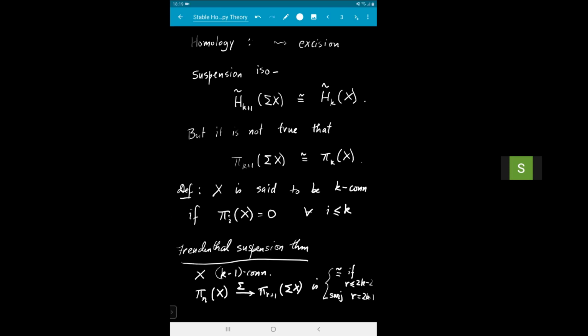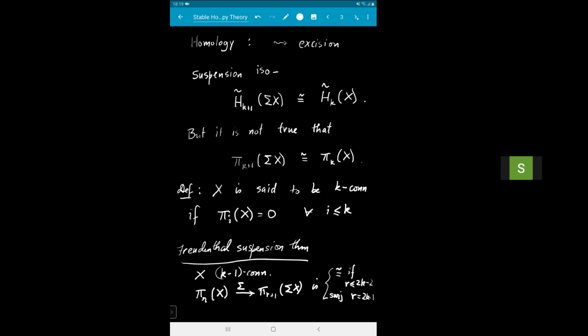So the point here is that, depending on the connectivity, you get a range of dimensions where this suspension isomorphism holds. It does not hold for all r, but it holds if you go up to roughly twice the connectivity. So there is still a non-trivial range from k to 2k minus 2 where this suspension isomorphism holds.